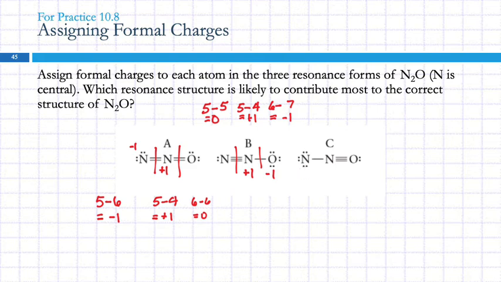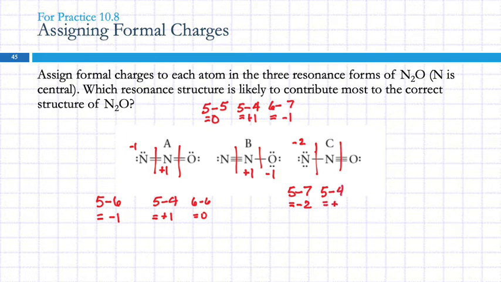And then let's look at this one over here. The nitrogen on the end, well, let's cut them up. So brought 5 leaves with 7. That's -2. Ooh, that was kind of big. The guy in the middle brought 5 leaves with 4.